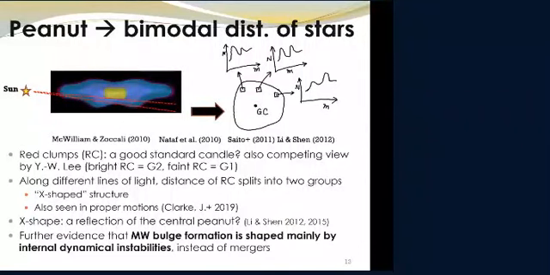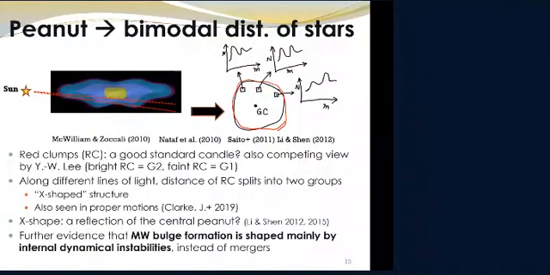Another consequence of the peanut is that if you observe the Milky Way bulge through the sun, and this is our cartoon shape of the Milky Way bulge, and then you study the bulge fields by measuring the distance distribution or apparent magnitude distribution of some tracer population.